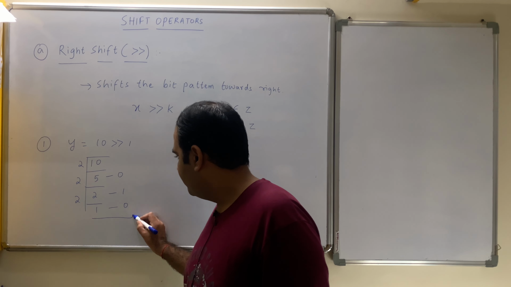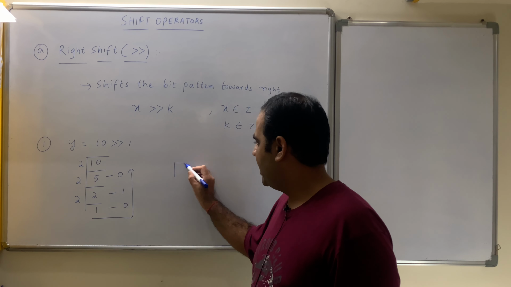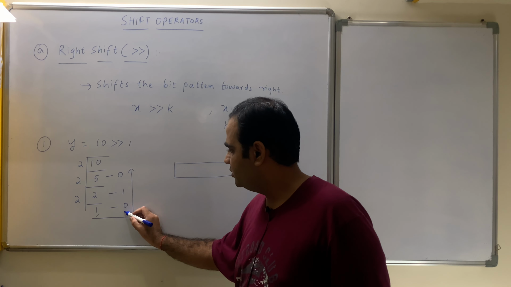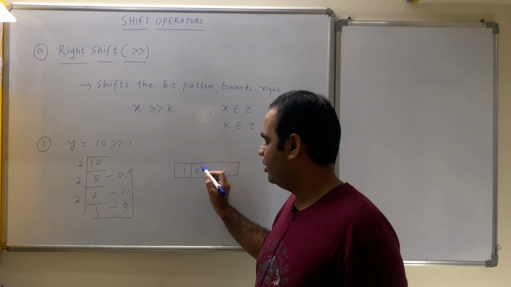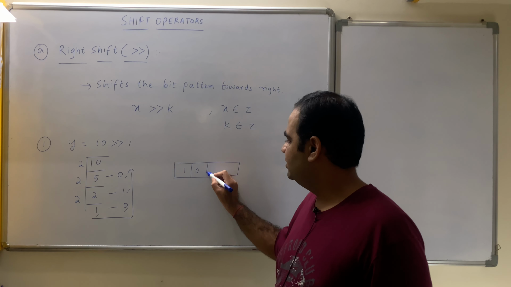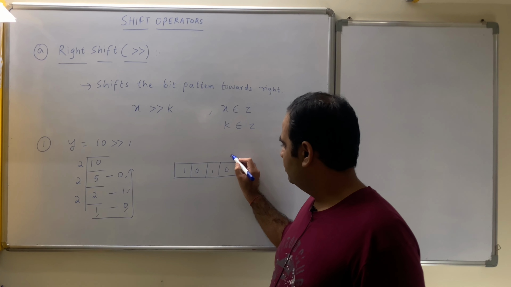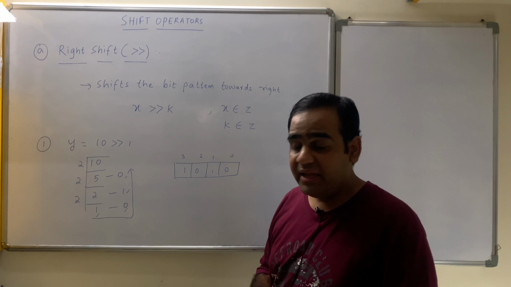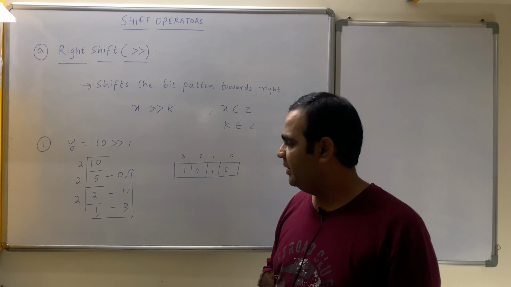And we write the number from bottom to top. Therefore 10 in decimal is 1010 in binary. Now this is bit 0, bit 1, bit 2, bit 3. Each digit in the binary representation is called a bit.